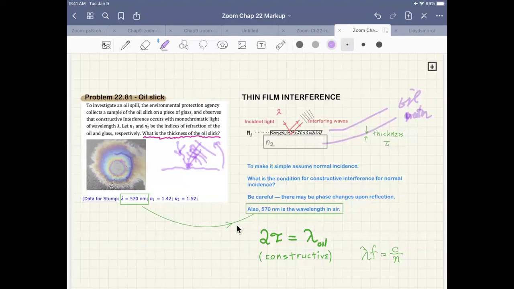In here, you'll have constructive interference in yellow. So you'll get a kind of ring of the colors of the rainbow. Everyone has seen this. If you've walked around a street, cars are constantly dripping little drops of oil onto the street, and you'll see these little oil slicks.